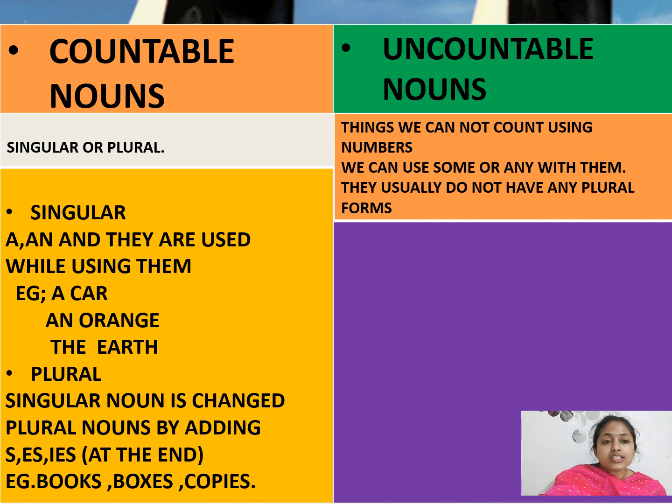If we add s to it, it becomes plural and becomes books. Box. One single box. When we add es to it, it becomes boxes and it becomes plural. Copy, C-O-P-Y, it is singular. If we add ies to it, it becomes copies and it becomes plural. Let's move to the next slide and learn something more.